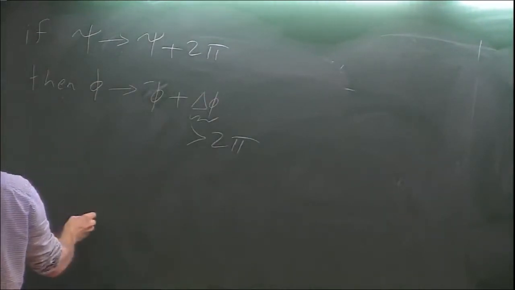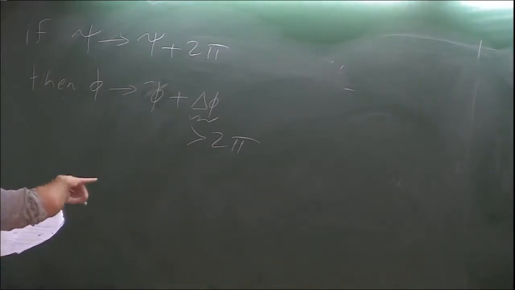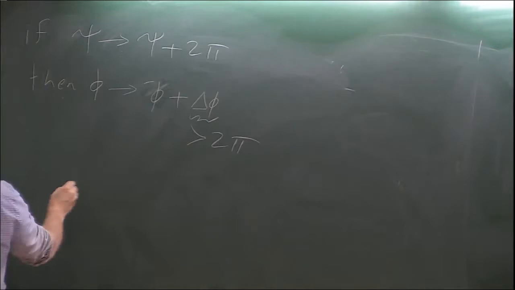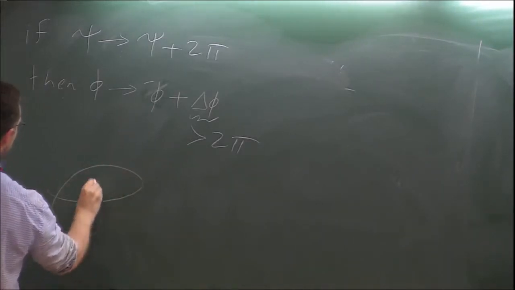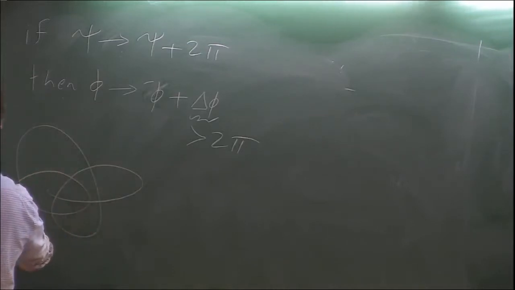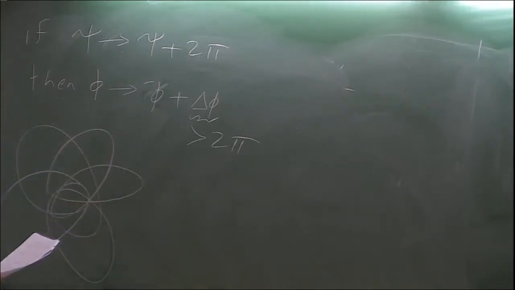So what that typically means for a typical orbit is you have precession. So rather than coming back to the same point at a radial cycle, we have, say, something like this. So that's a pretty typical case.